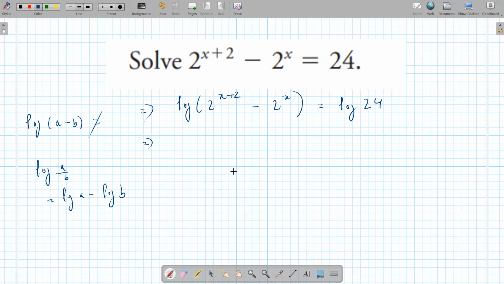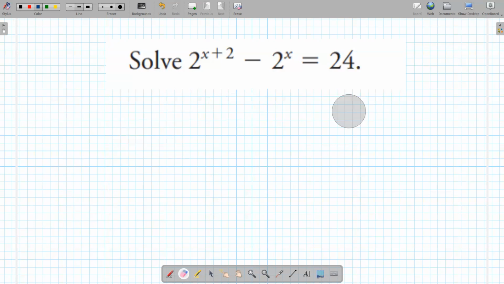Log will work if you have one item on the left and one item on the right. But the fact that there's a minus sign here makes things more complicated, okay? If that minus sign wasn't there, then we could have definitely logged it. Look at 2 to the power of x plus 2. Can we split this up? How else can we write 2 to the power of x plus 2?